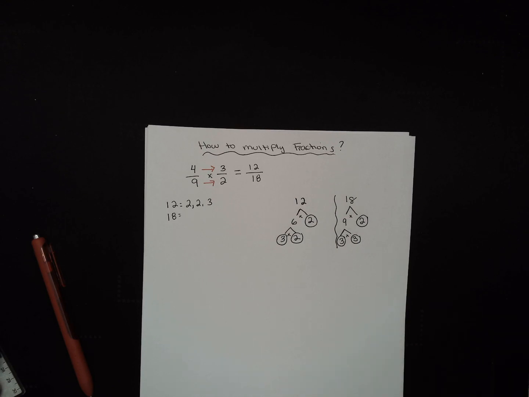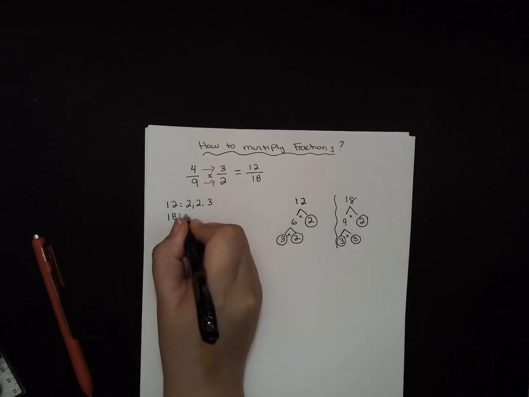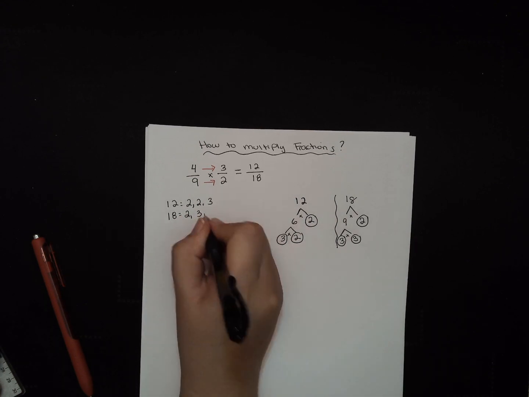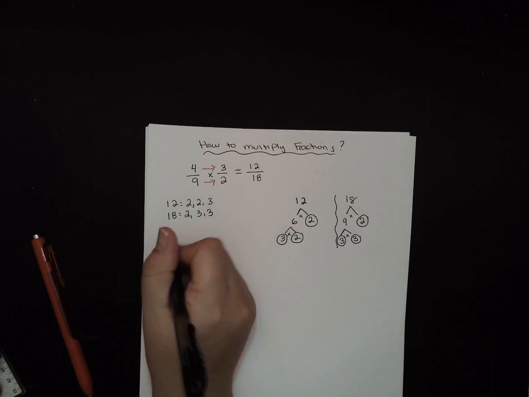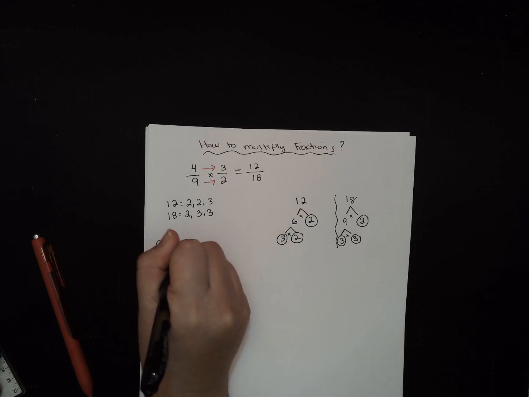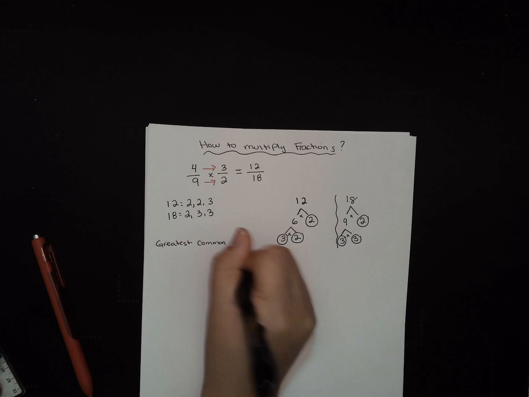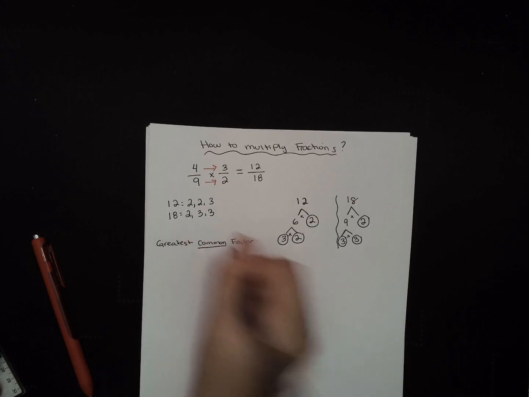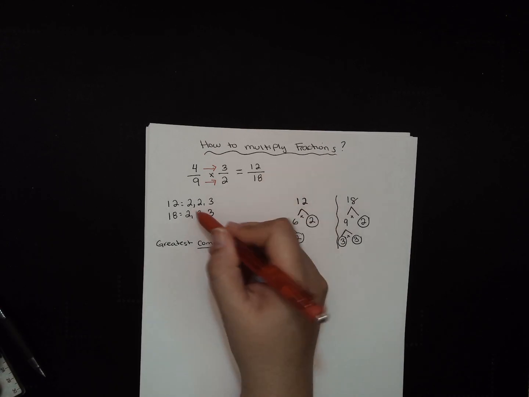Okay, now I'm going to list all of my factors that are circled. So I have 2, and I'm putting them in order. 3, and then 3. Okay, so I need to look for my greatest common factor. Notice that it says common. Let's go ahead and see which ones are in common. I have 3 and 3.